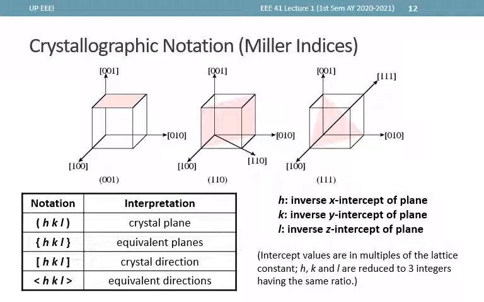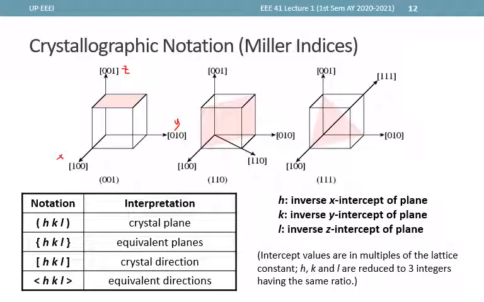So in discussing crystalline materials, we actually have what we call the Miller indices, or a crystallographic notation, to help indicate or specify which direction or plane we are referring to. So we have three numbers to represent the x, y, and z directions.